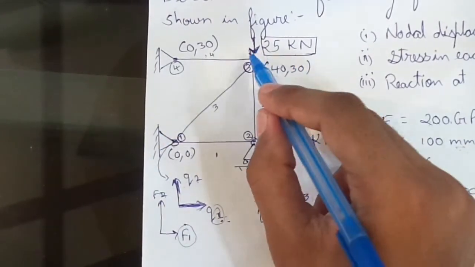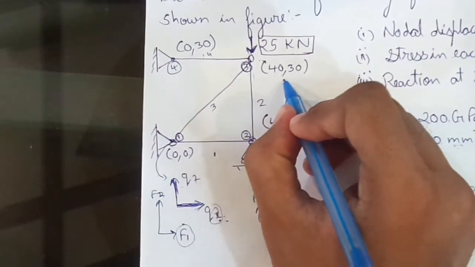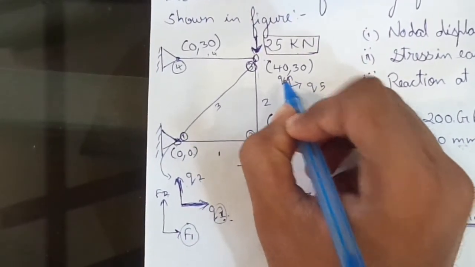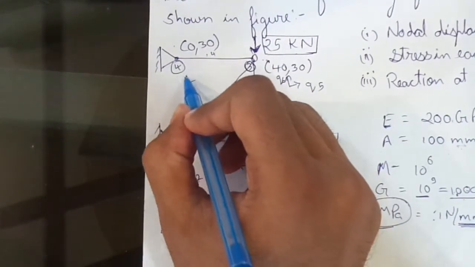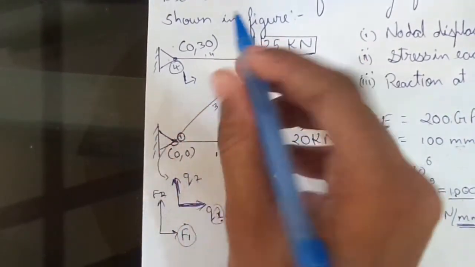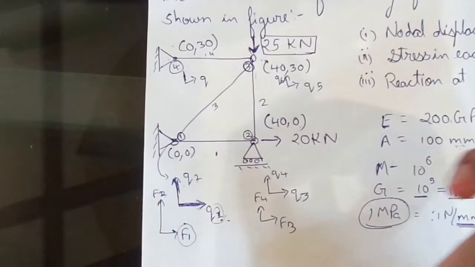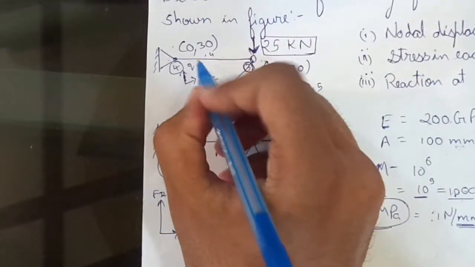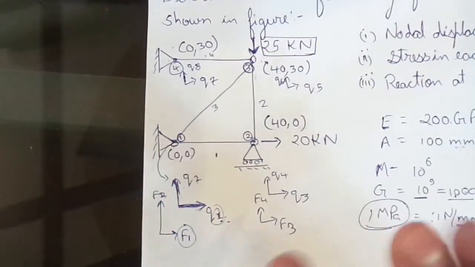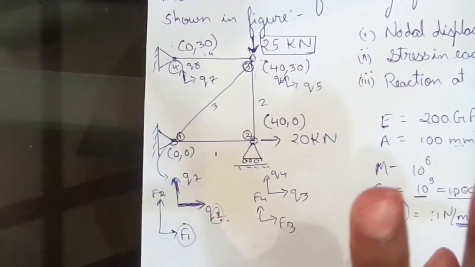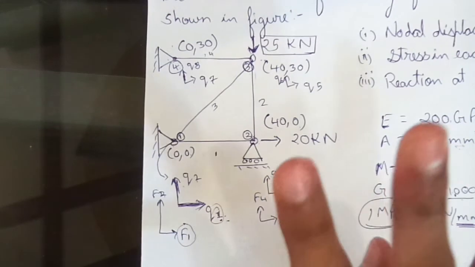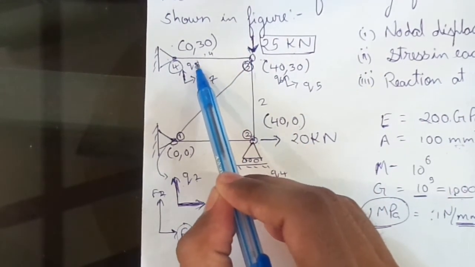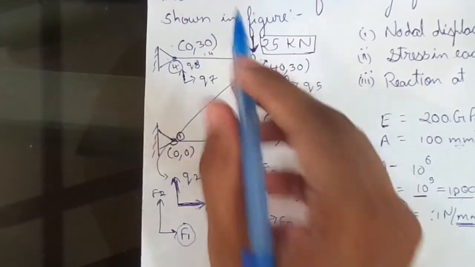For node 3 it is q5, q6, and for node 4 it will be q7 and q8, right? So I told you there are 2 degrees of freedom and there are 4 nodes, so 4 times 2 is 8. It will end at Q8.